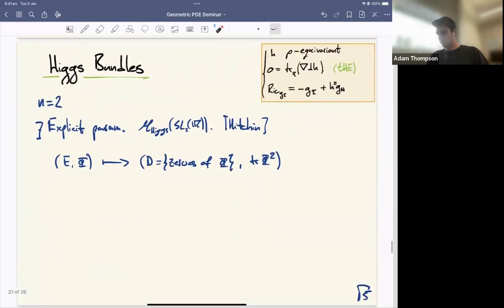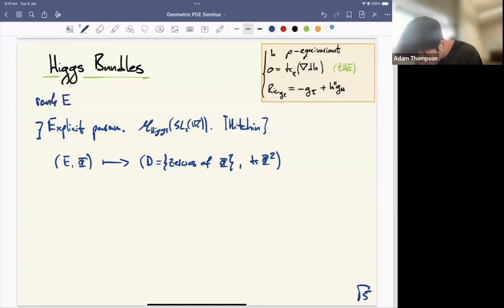if we specialize to the case, sorry, I said n equals 2 here, but I'll clarify what I mean by that: rank E equals 2. In the rank 2 case, there's a very explicit parameterization of these Higgs bundles, where again I remember that originally I cared about things going into SL(2,R). That goes back to Hitchin.